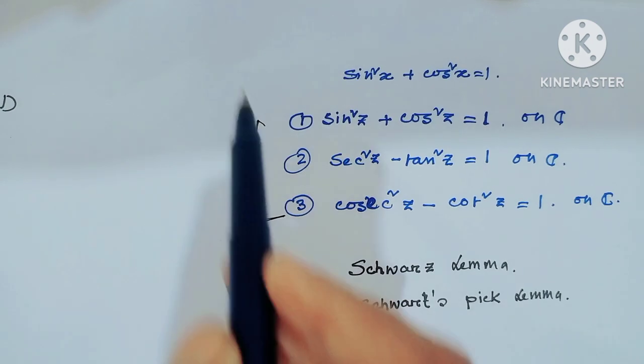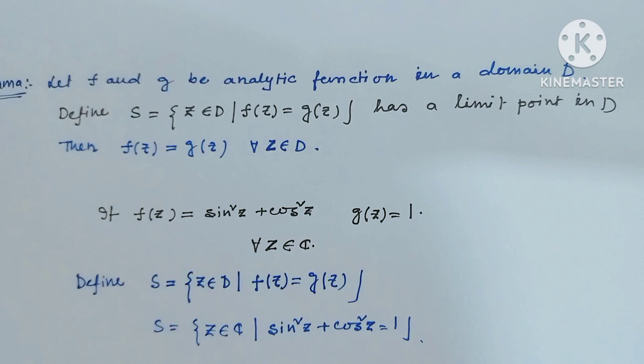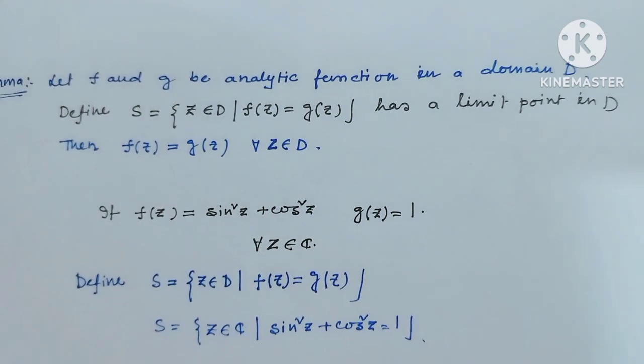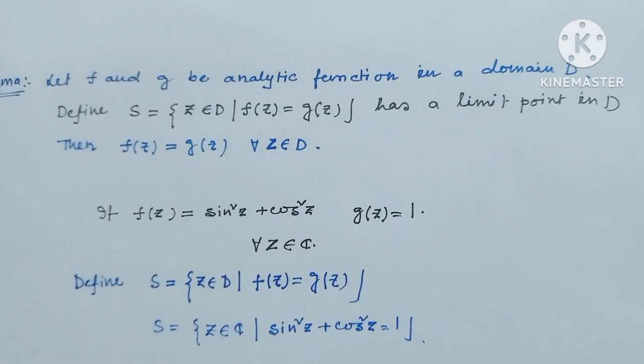At first see this part. I will say sin squared z plus cos squared z equal to 1. Here I will use the identity theorem.